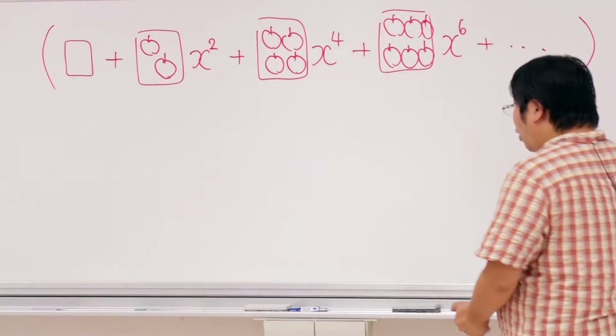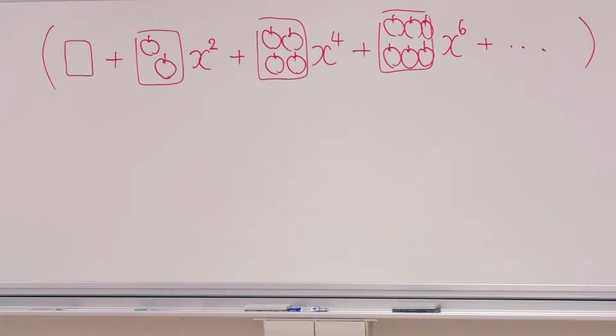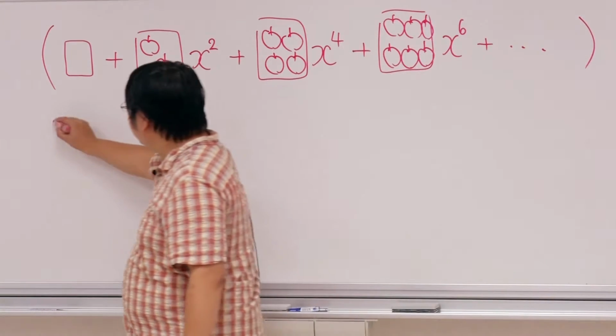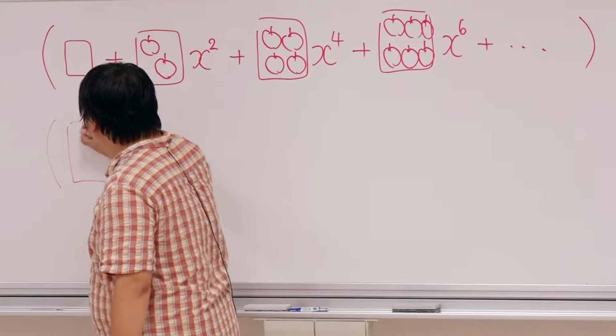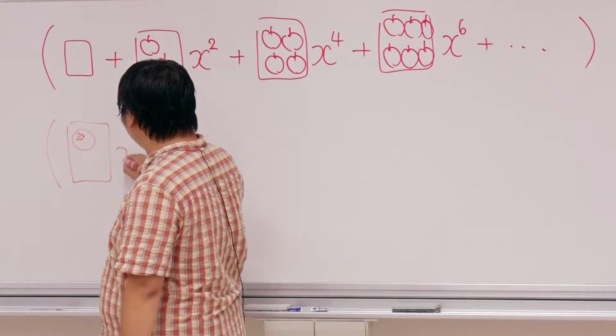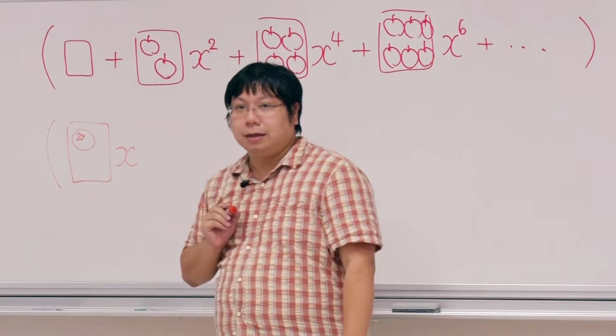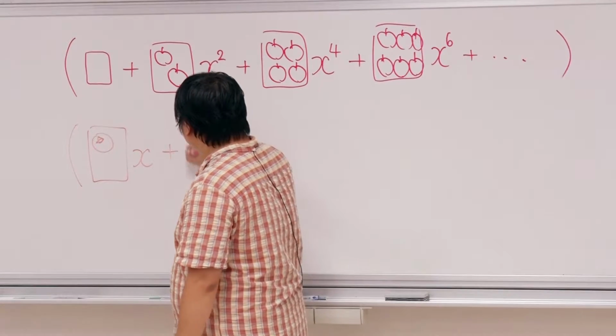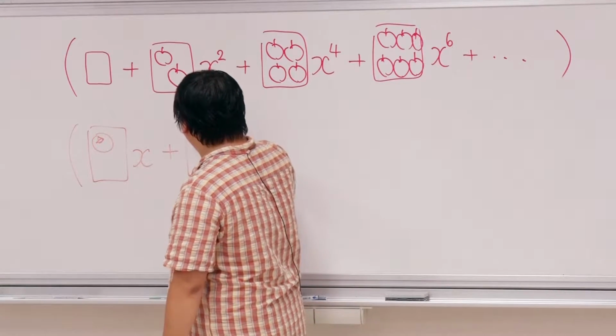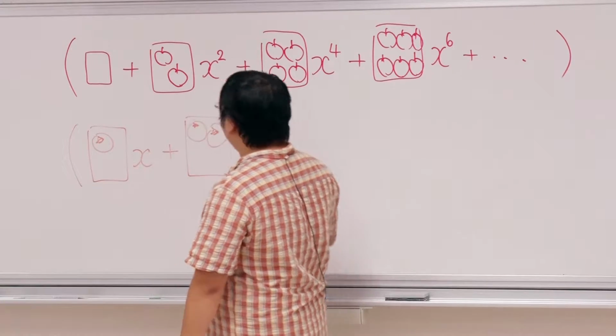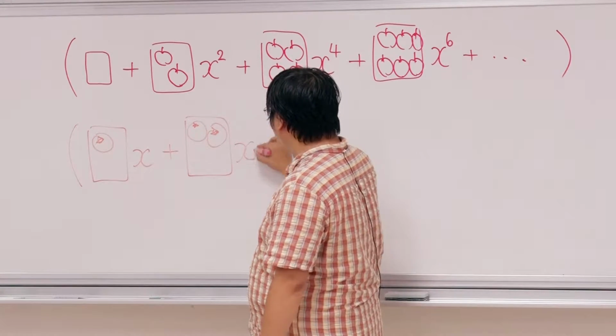And then in the case of the oranges, the formula will become, in case of having 1 orange, I'm going to multiply this with x. Is that okay? And then in case there are 2 oranges, I'm going to multiply this with x squared.